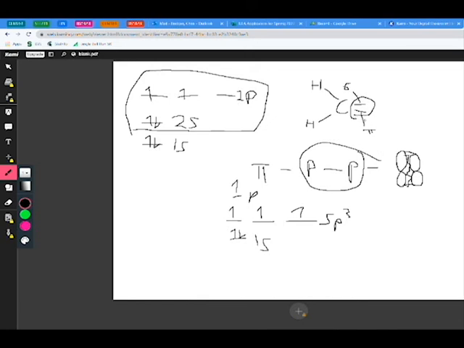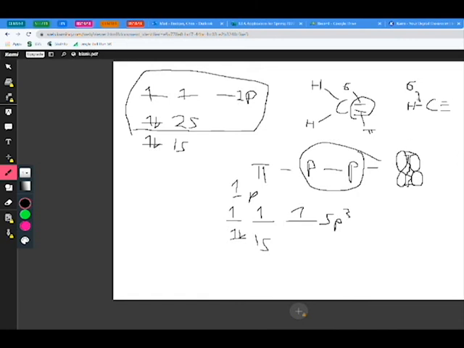Now, if we were to add a third bond to that carbon, so let's make this CH. So this is 1 sigma bond here. And then we have carbon triple bonded to some other element.